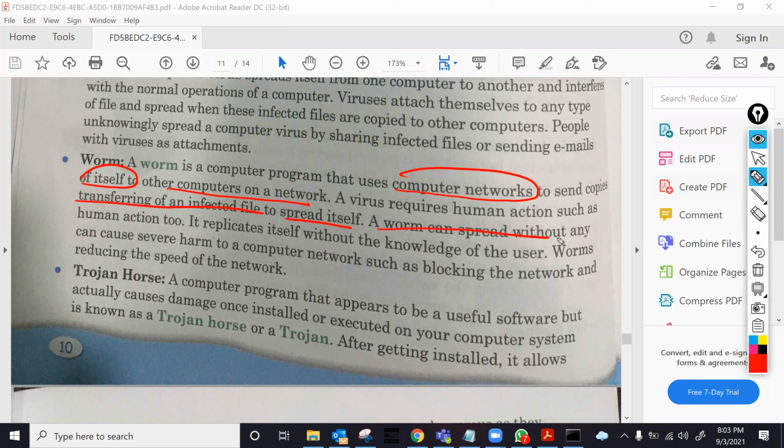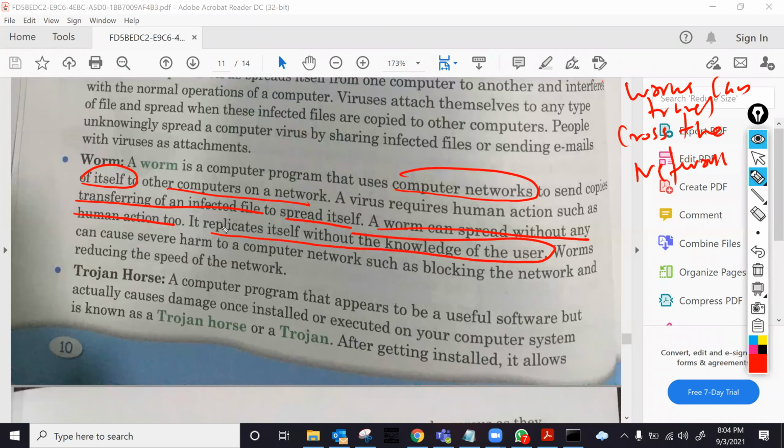The worm can spread without any human. That's the specialty of the worm, because it goes across the network. Worms can travel across the network without the intervention of humans. They can do it on their own. It replicates itself without our knowledge; we don't even know that our computer is infected by worms.